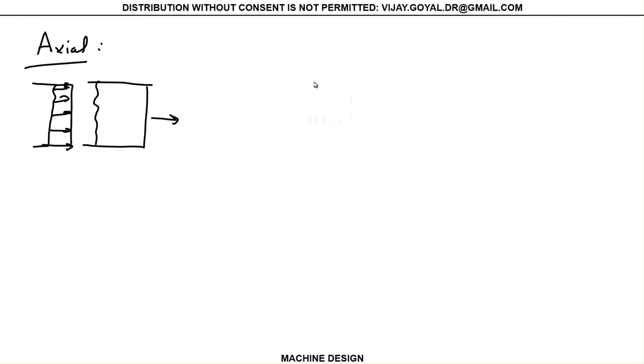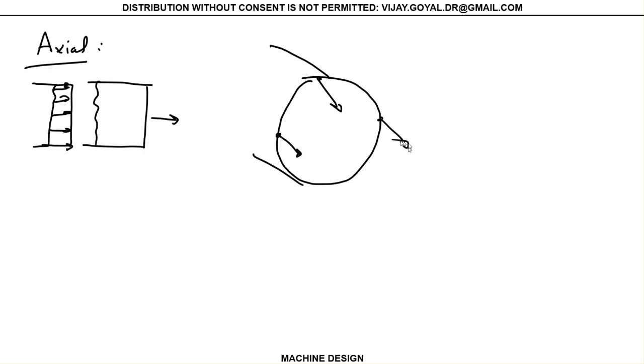So the amount of stress acting in each one of these points will be the same value. Point A, point B, point C, point D, point E are going to have identically the same value.